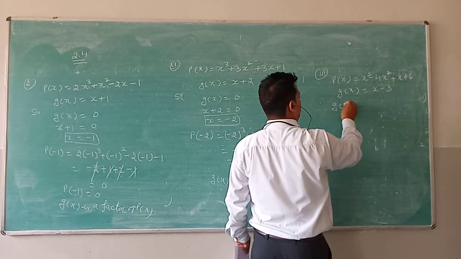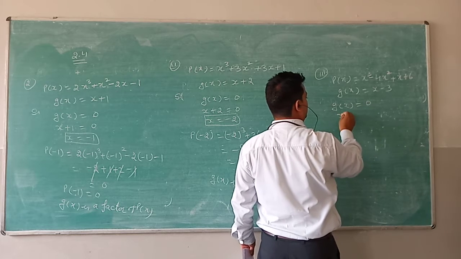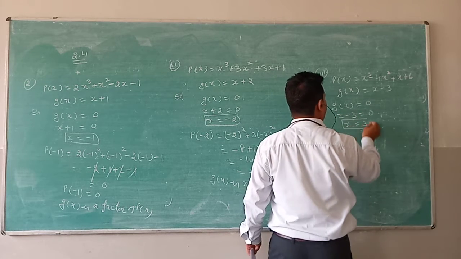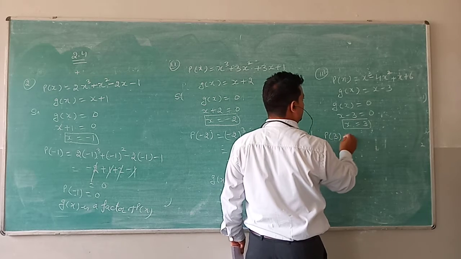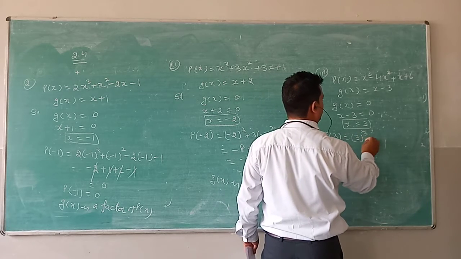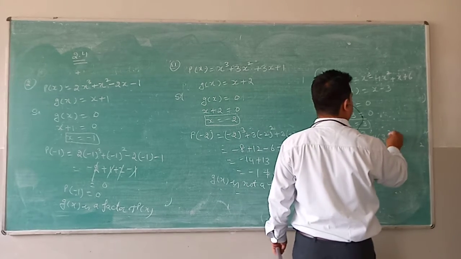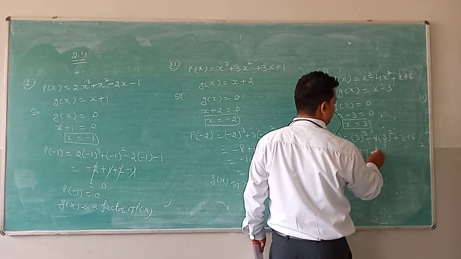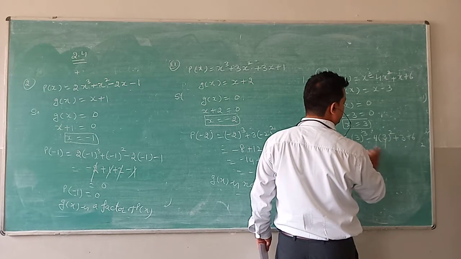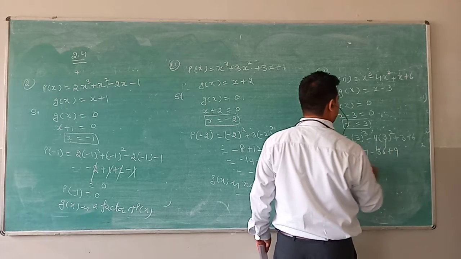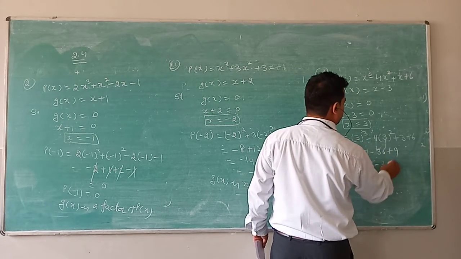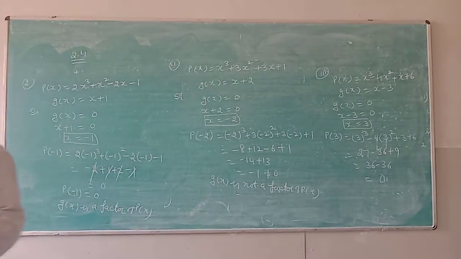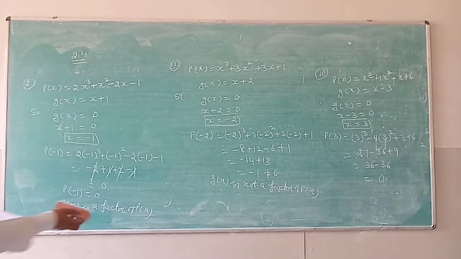In this, first we put g(x) equal to 0, x minus 3 equal to 0, then x is equal to 3. When we put x is equal to 3, this is 3 whole cube, 4 into 3 square, plus 3 plus 6. This is 27, this is 36, plus 9. So this is 36 minus 36 equals to 0. So g(x) is a factor of p(x).